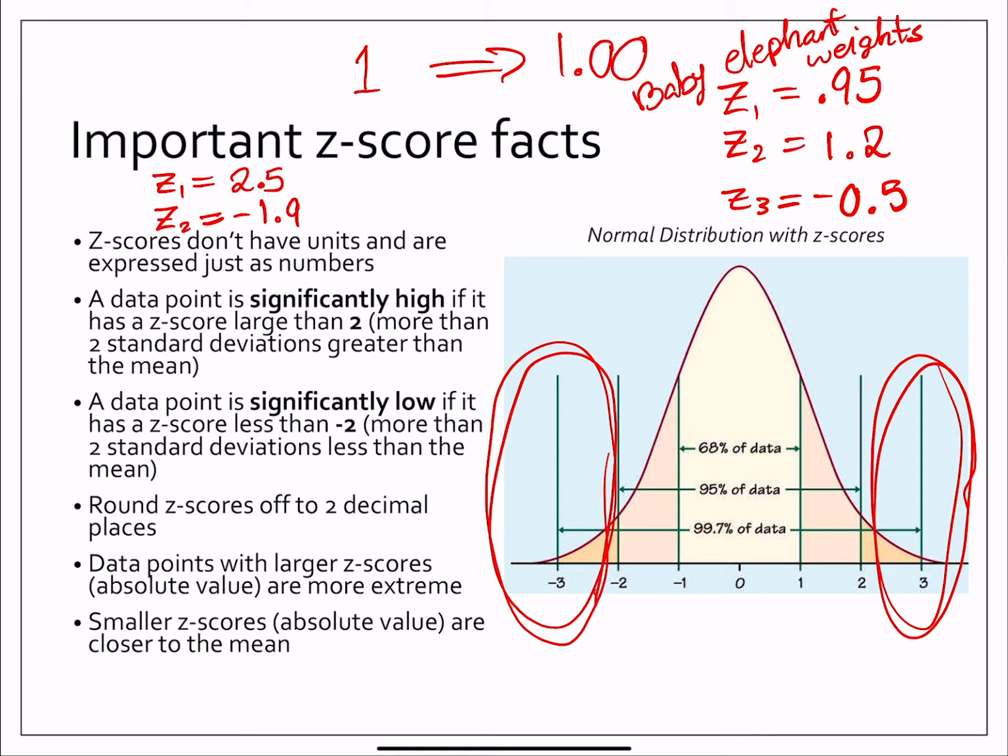Not necessarily underweight, because they may be less than the mean, but the way we're going to define underweight or overweight is based on that significantly high, significantly low threshold. So significantly high, that significant word means that this is cause for concern. So are there any elephants that fit in that category of significantly high or significantly low?